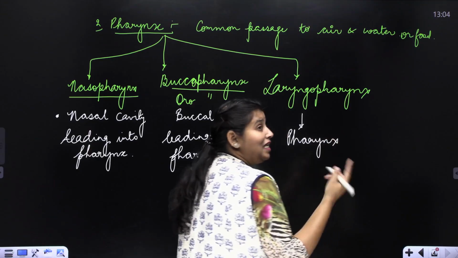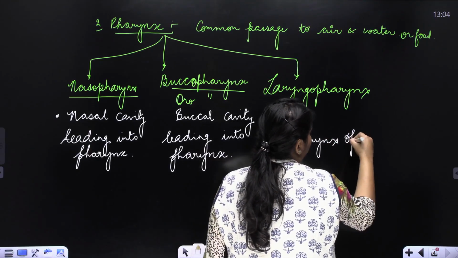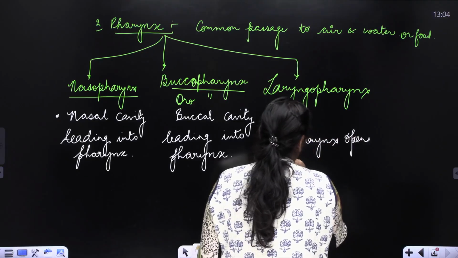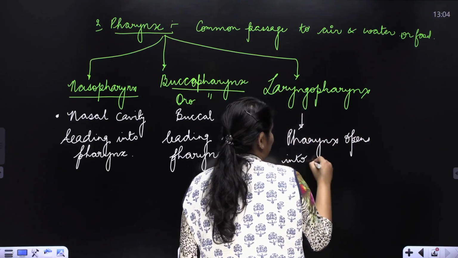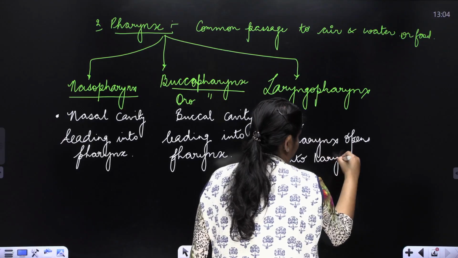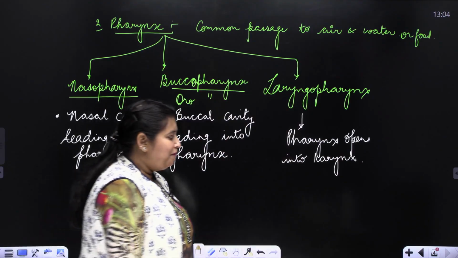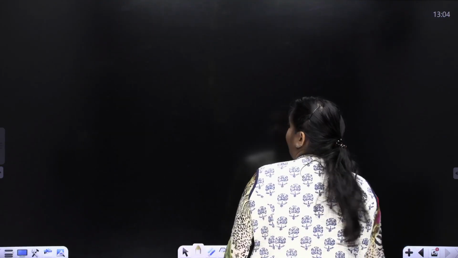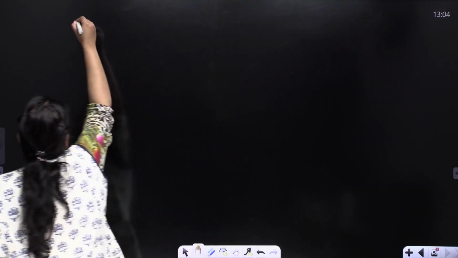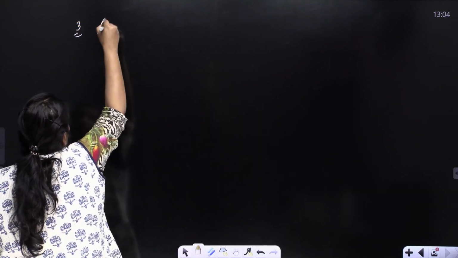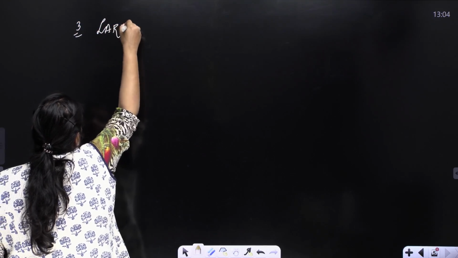Now it is not leading anywhere, this opens into larynx. So this is the pharynx. Fine. Let's move to the next part, which is the third part, and that part is called larynx.